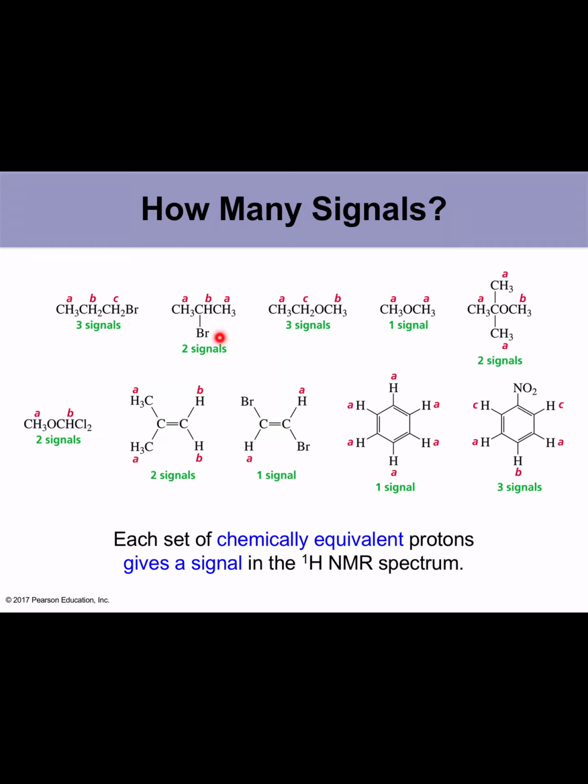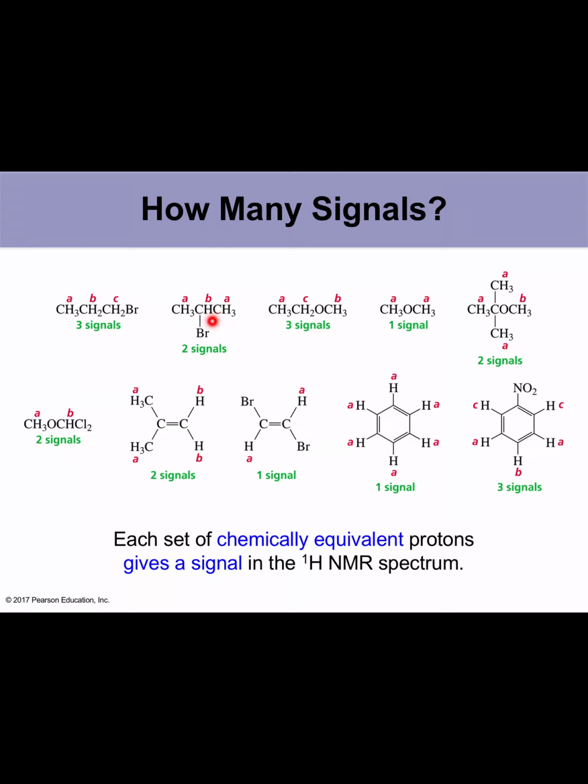And how about here? The bromine is attached to the middle carbon. So here, this is CH3, this is CH3. Both of these are attached to a carbon with hydrogen and a bromine. So that makes this carbon and this carbon chemically equivalent.